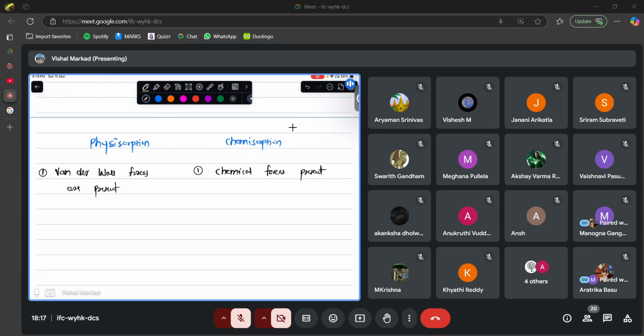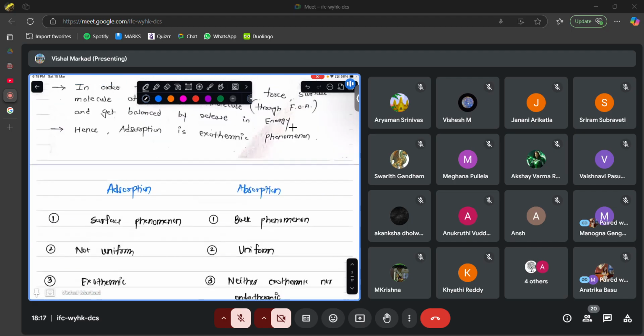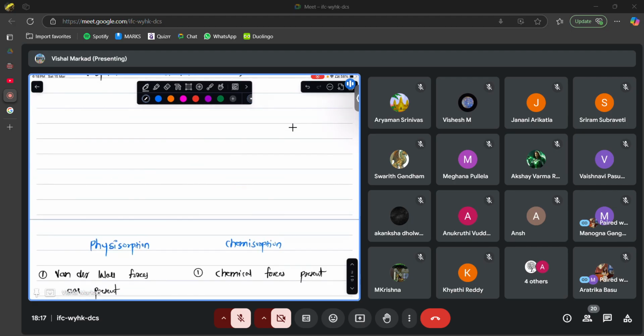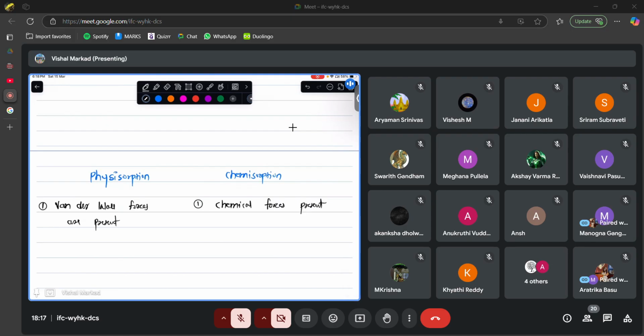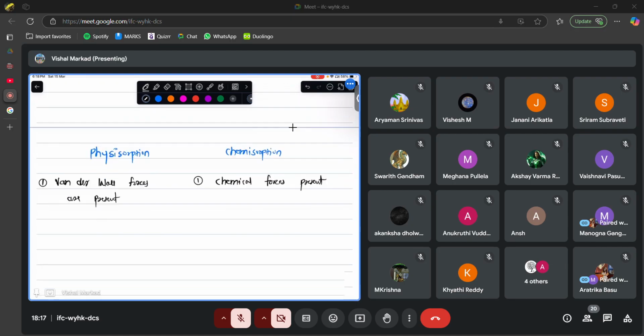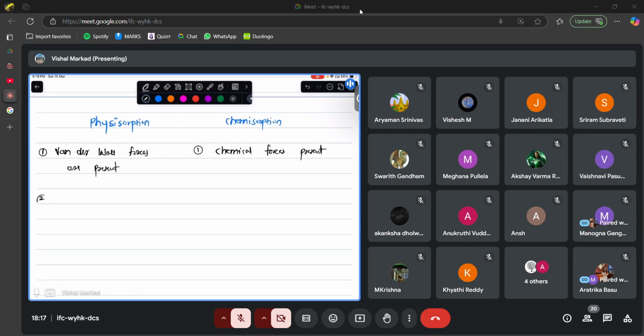This is the first difference between physisorption and chemisorption. Now, from this chapter, there is one 4-mark question, and these differences are important. One 4-mark question will be based on these differences. Now, second difference. Which adsorption is strong and which one is weak?